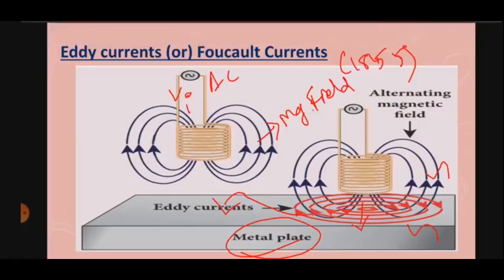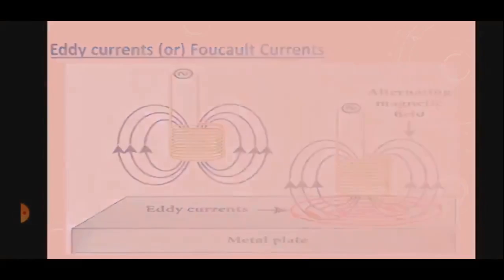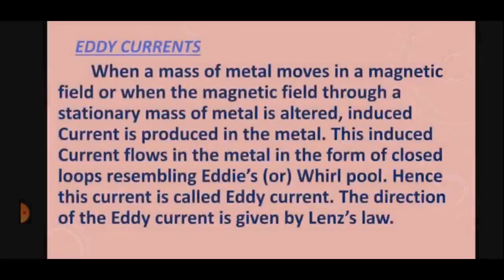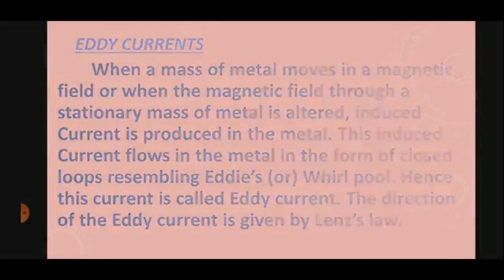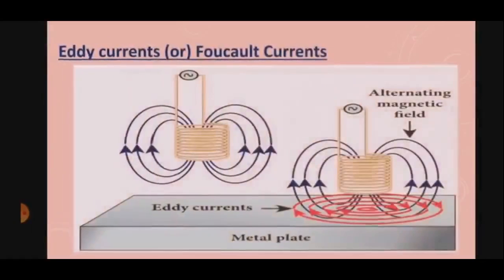Understand? Okay. This eddy current always flows so as to oppose the cause, according to Lenz's law. What is Lenz's law? It opposes the cause that produced it, so the eddy current acts in a direction opposite to the magnetic field change.